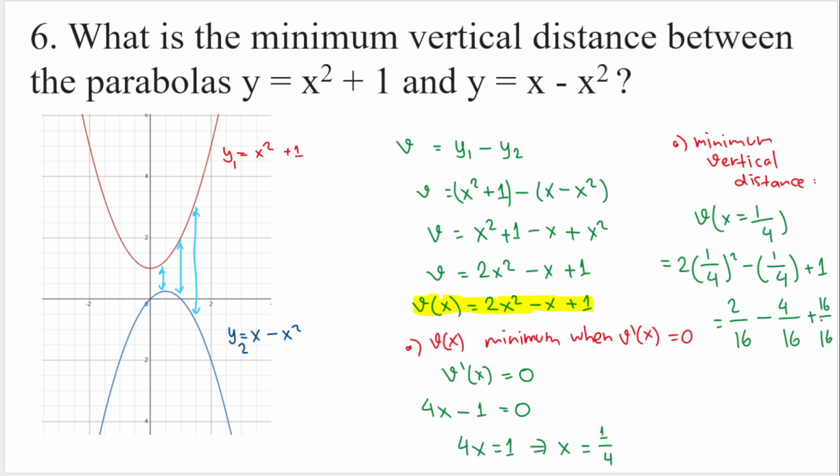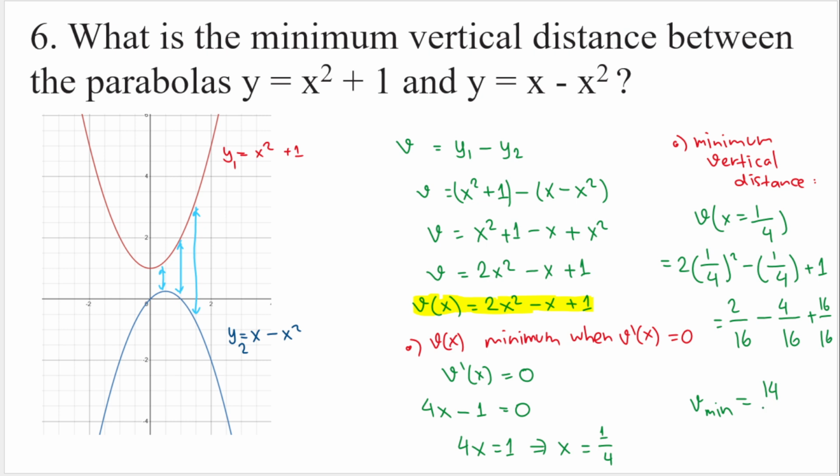So 2 plus 16 is 18, and then 18 minus 4, that will be 14.